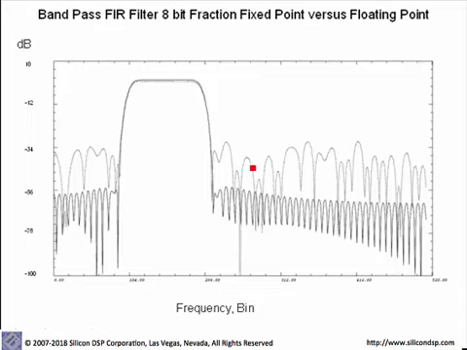In this case, the digital filter was implemented with 8-bit fractional part, and we see that due to fixed point operations, we have a major deviation between the fixed point implementation of the FIR filter and the floating point implementation, due to the fact that we are quantizing the FIR coefficients, the weights, with an 8-bit fraction. Obviously, if we use more bits in the fraction, we will start to approach the floating point, but there is an error floor due to the fact that we have a rounding at the end of the filtering.